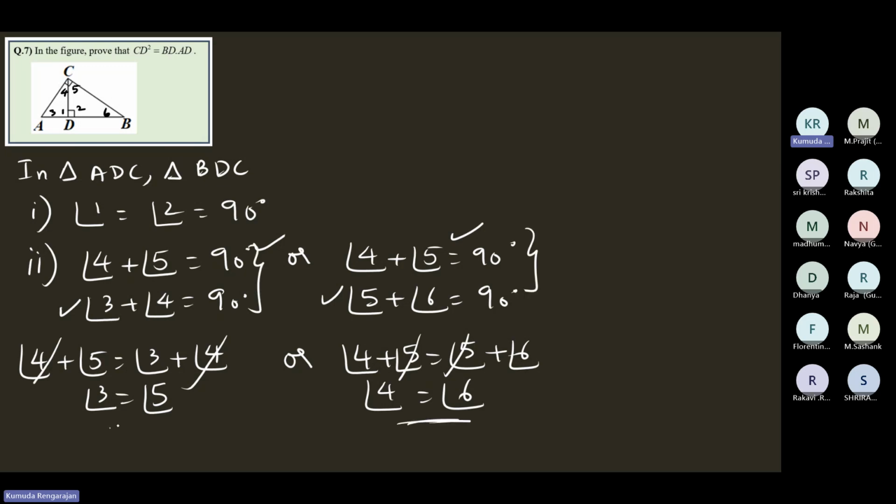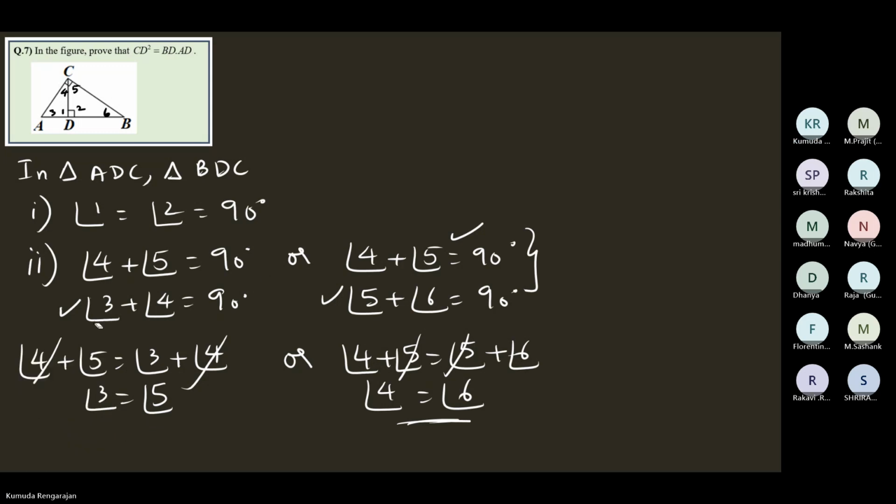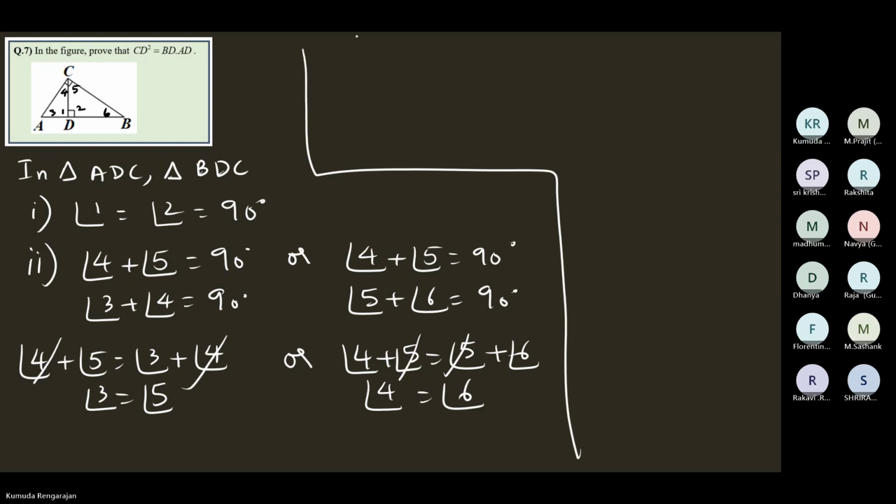If you write this, you can show 3 is equal to 5. If you write 2, then say AA. If you write all the 3, AAA.